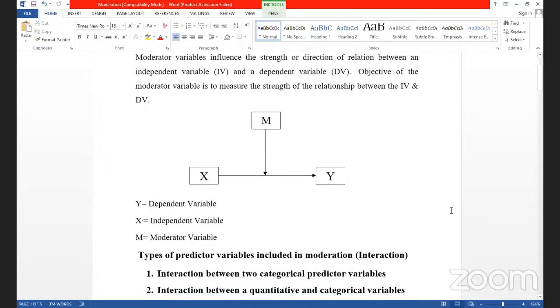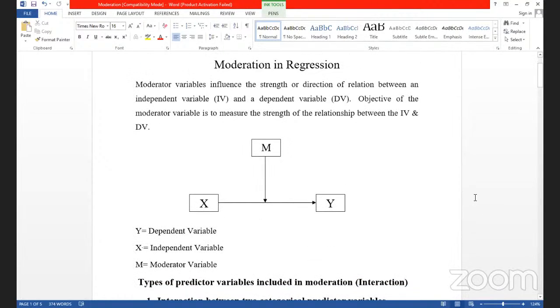Moderator variables influence the strength or direction of the relationship between the independent variable and dependent variable. So here you can see one independent variable and one dependent variable. So this is Y, that is DV. DV means dependent variable and IV means independent variable X, and this is the moderator.